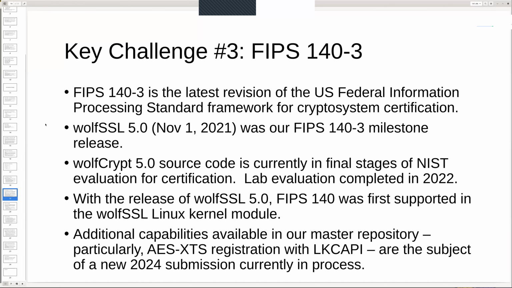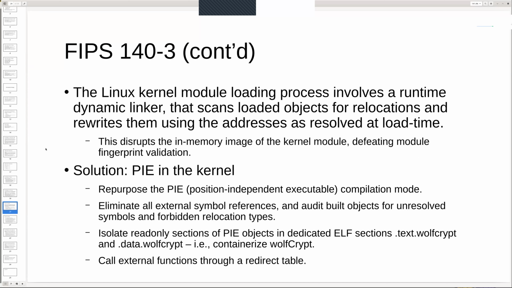So now I'll talk in a little bit more detail about the challenges of targeting the wolfSSL kernel module for FIPS 140-3. The main challenge here is that this runtime model is not anticipated by the kernel module loader. The kernel module loader rewrites various internal aspects of the module when it is loaded.